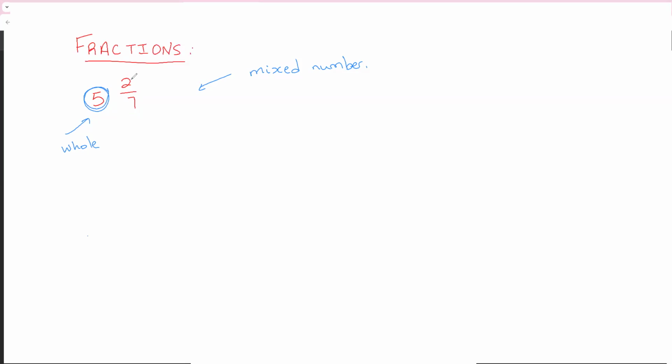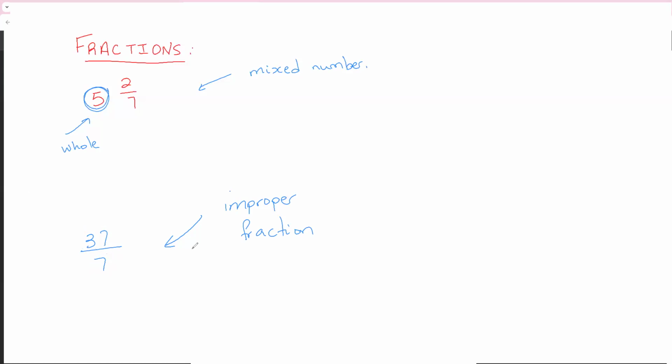And then we add the numerator, 35, 36, 37. So this is known as an improper fraction. Improper fractions are where the numerator is bigger than the denominator.